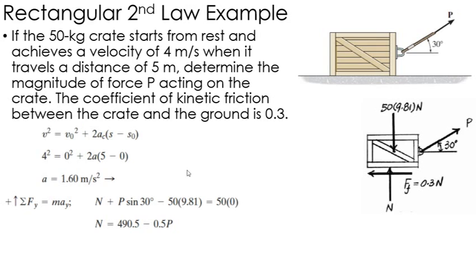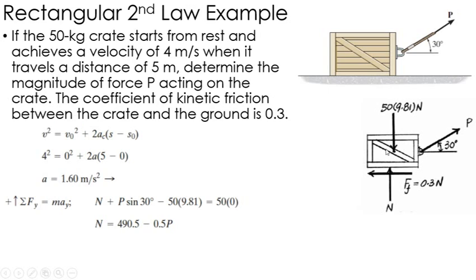Now, I sum the force in the y direction. This is actually going to help me solve for my normal force, which I don't really care what it is, but I need to know it in order to find the applied force P. So I sum the forces in the y direction. I got N, and then I have P sine 30, the vertical component of P, and then I have the weight, which is minus mg, or 50 times 9.8, and that equals mass times the acceleration in the y direction.